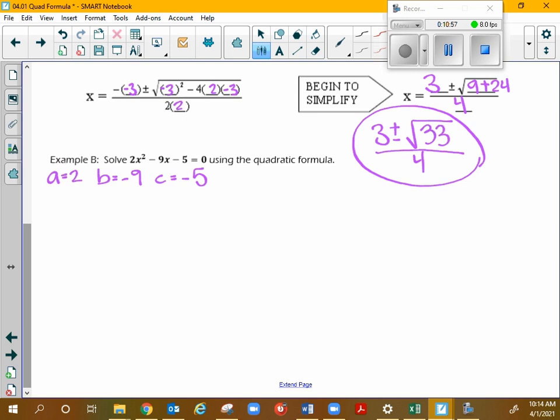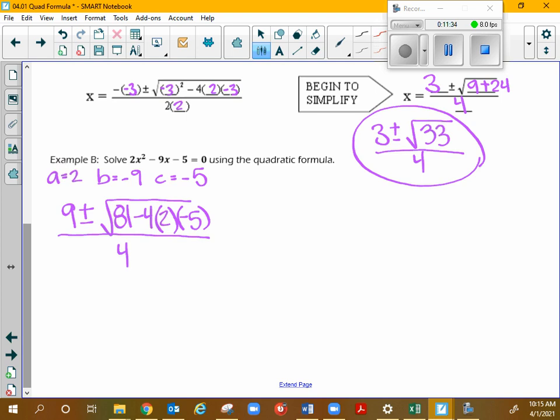So our formula, negative B, 9, plus or minus the square root of B squared, negative 9 squared, which would be what? 81, minus 4 times A, which is 2, times C, which is negative 5, all over 2A. So what would go on the denominator? 4. 2 times 2. All right.